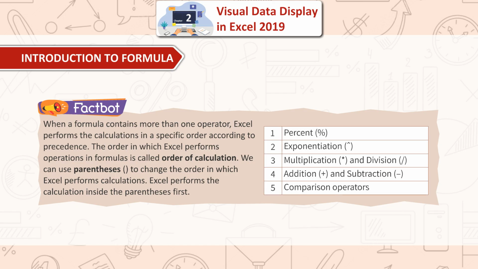When a formula contains more than one operator, Excel performs the calculations in a specific order according to precedence. The order in which Excel performs operations in a formula is called the order of calculation. We can use parentheses to change the order in which Excel performs calculations.